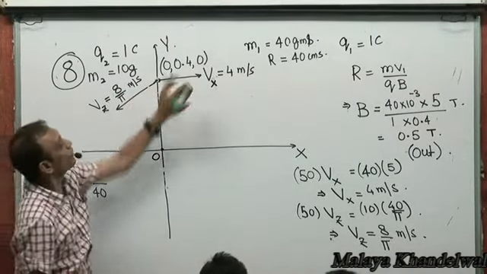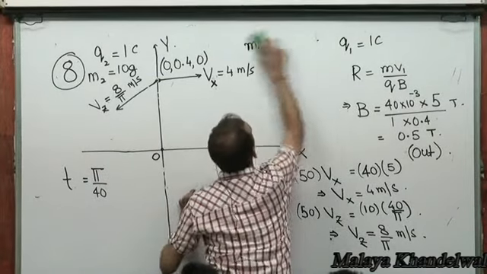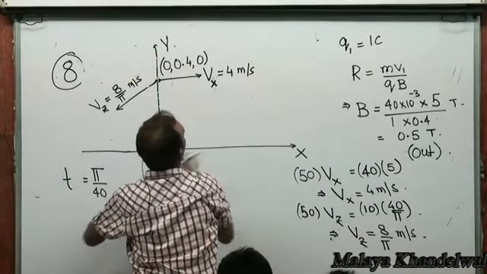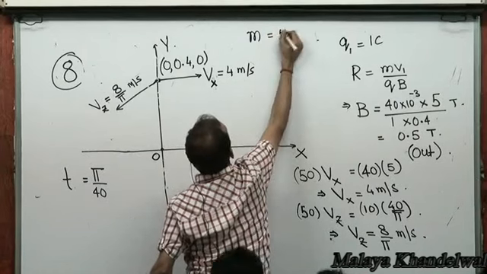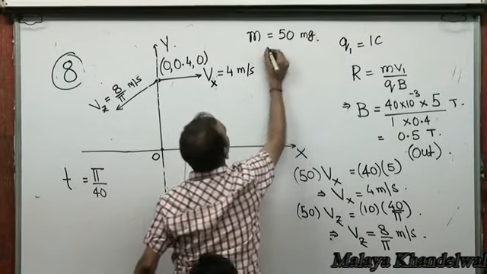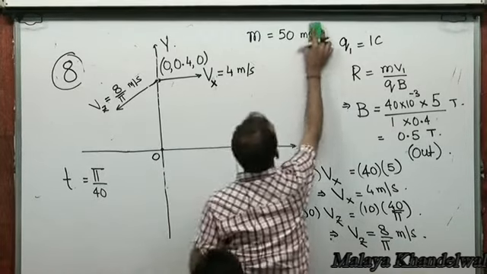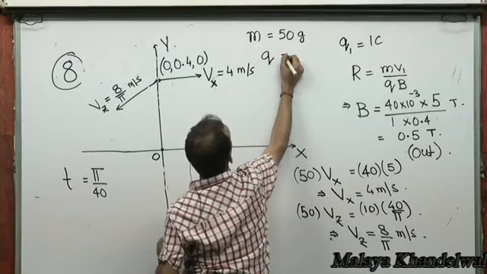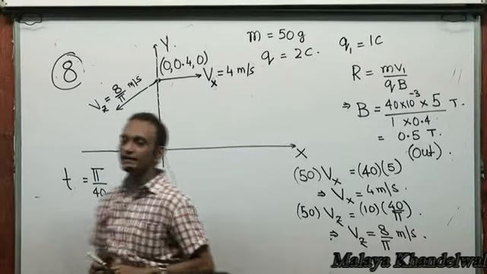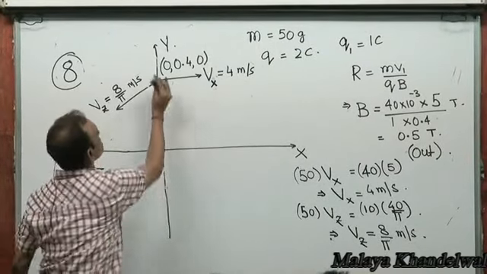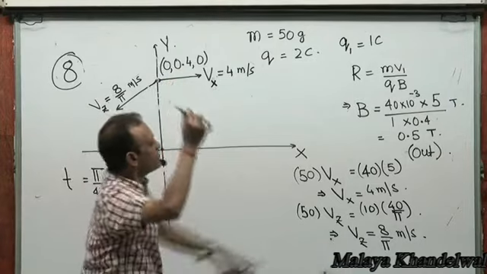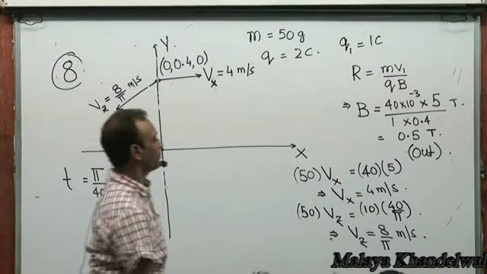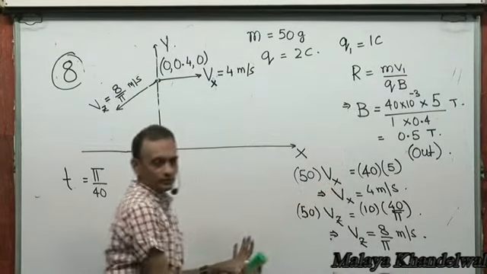The total mass is now 50 grams, and it has a charge Q equal to 1 plus 1, 2 coulombs. That's the state of the combined mass. And the whole thing is subject to B equal to 0.5 Tesla coming out of the plane of the board. Yes or no? Right? Okay. Now, can I remove the clutter from here?